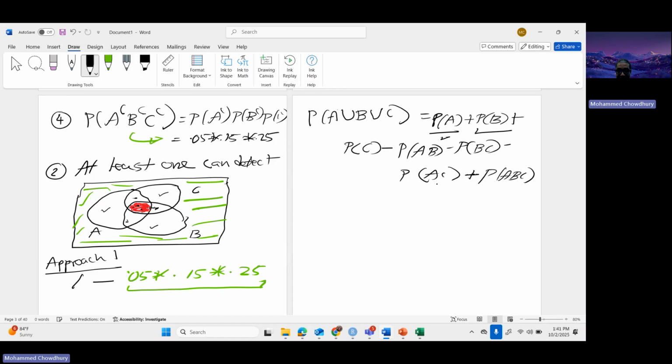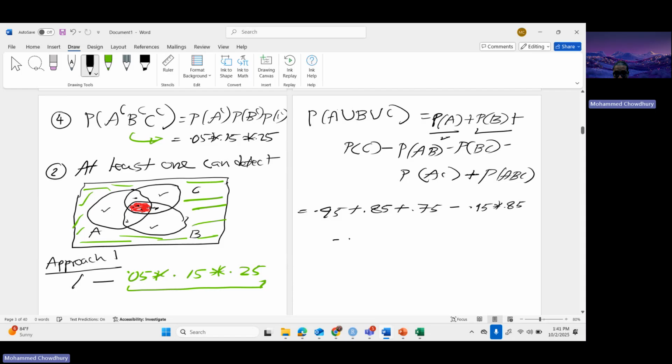Okay. Now see, I know probability of A equal to 0.95, probability of B equal to 0.85, plus probability of C equal to 0.75. First approach is easier, but this is another approach which you can visualize and think. That is why I'm giving the two approaches. The second one is A and B. A and B equal to 0.95 times 0.85.